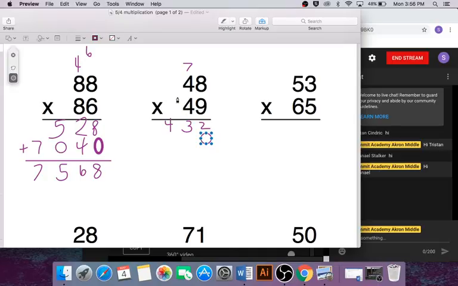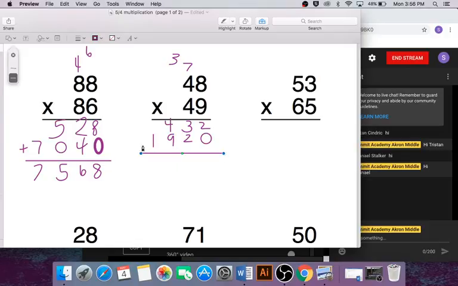We have 4 times 8, which is 32. So we're going to put down the 2. We're going to carry the 3. 4 times 4 is 16. Plus 3 is 19. So we're going to put down the 9 under our 4, and we're going to put down the 1 beside it.